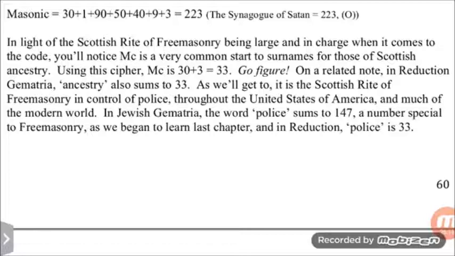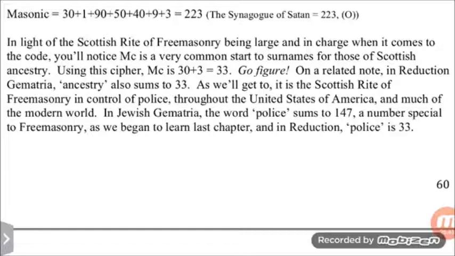In light of the Scottish Rite of Freemasonry being large and in charge when it comes to the code, you'll notice Mc, or Mick, is a very common start to surnames for those of Scottish ancestry. Using this cipher, Mc is 3 plus 30 equals 33. Go figure. On a related note, in reduction gematria, ancestry also sums to 33.